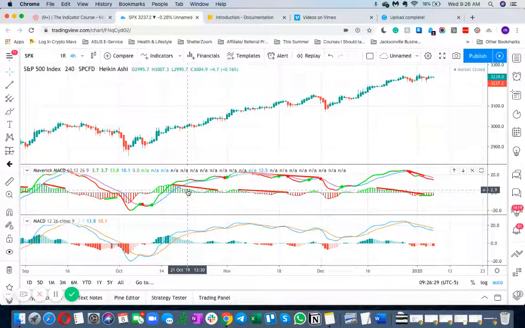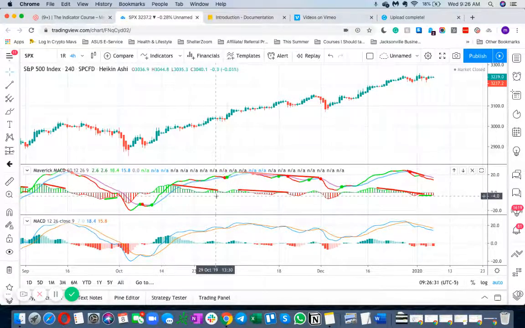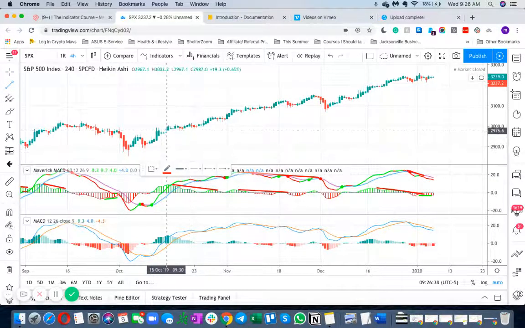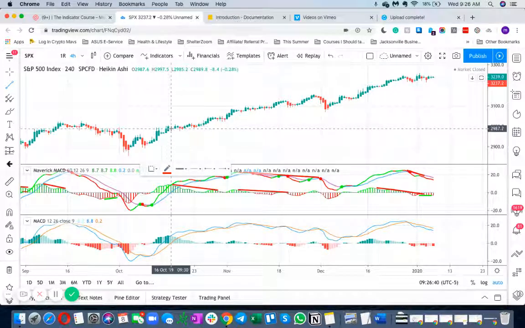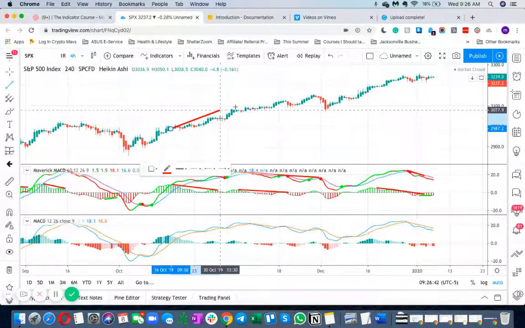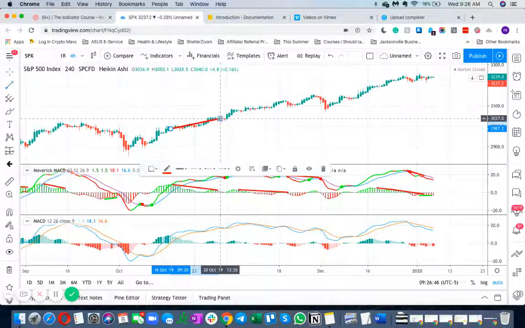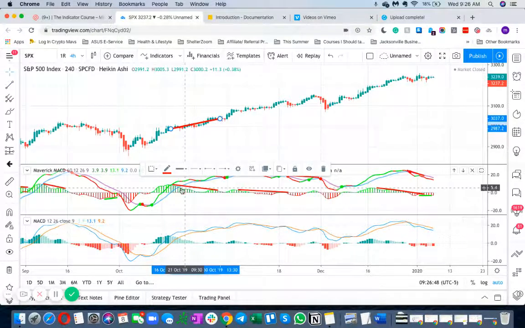Here we can see divergence is represented with lines on the chart, and this is how a normal trader will draw divergence. They'll look for a point where price is making, in this case, a higher high, and the indicator is making a lower high.